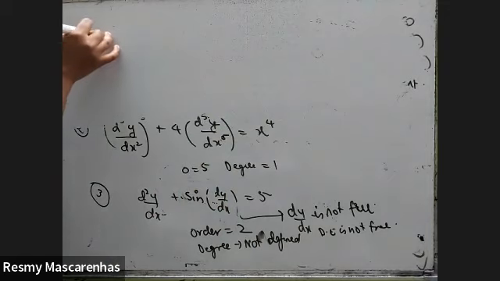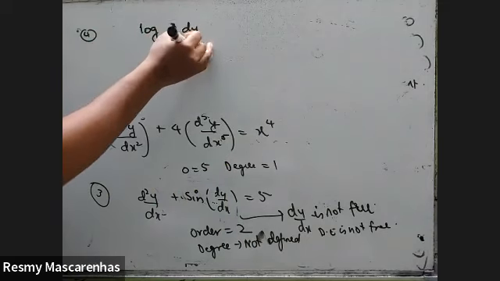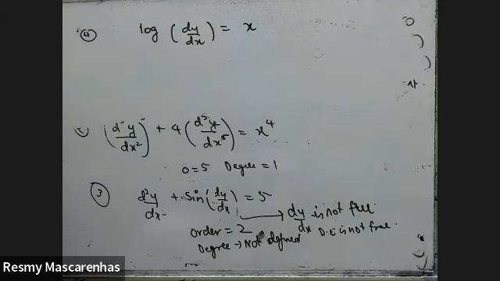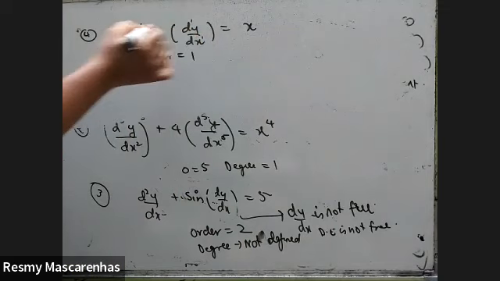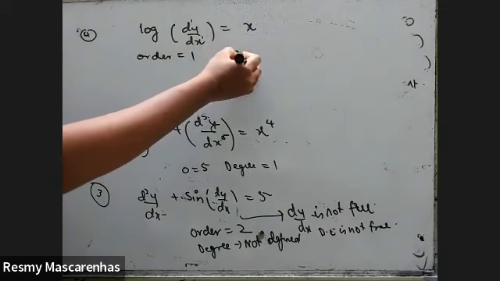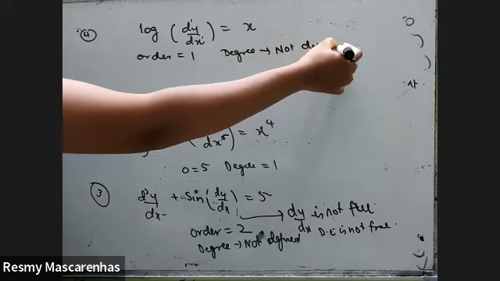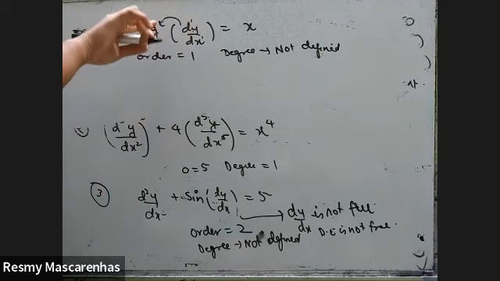Same way, here also same thing. Order is 1, but degree will be not defined, because dy by dx is inside a log function.